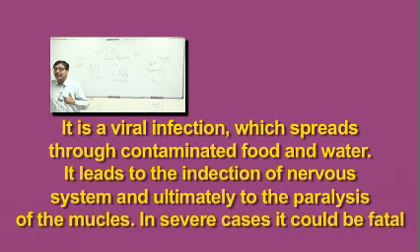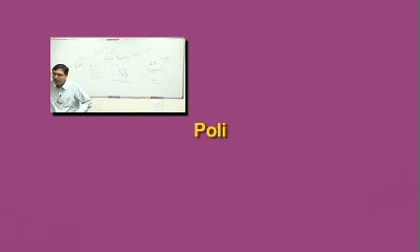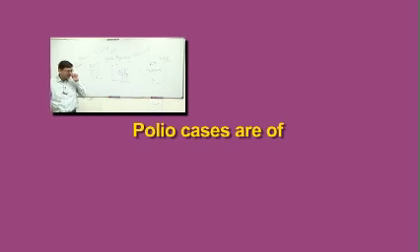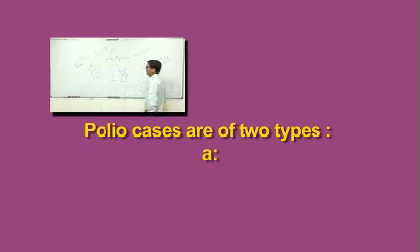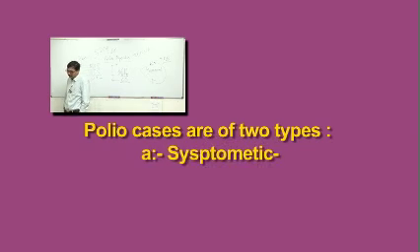It leads to the infection of the nervous system and ultimately to the paralysis of the muscles. In severe cases, it could be fatal. Polio cases are of two types. First, symptomatic.